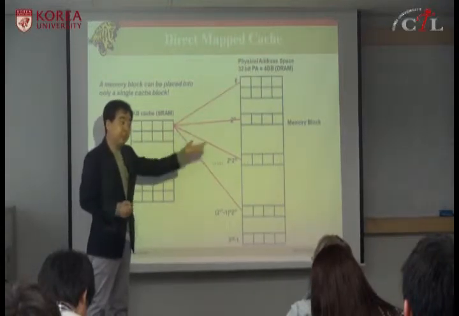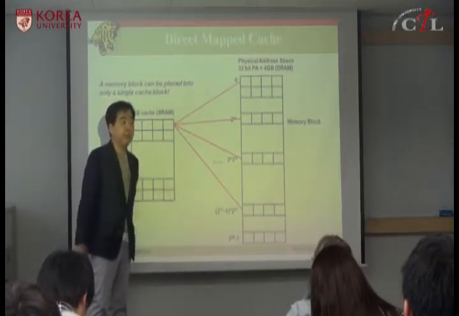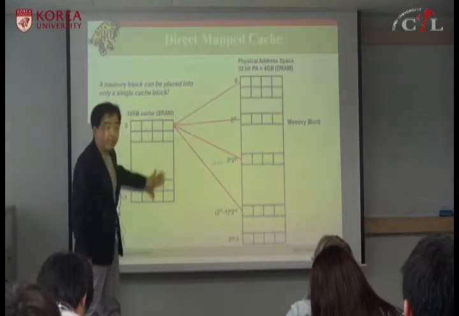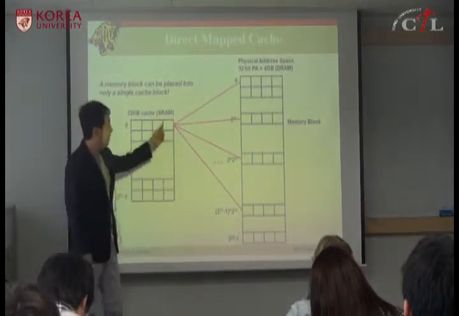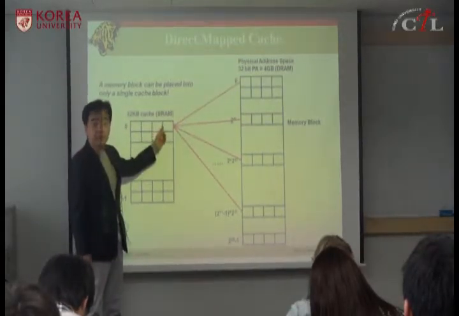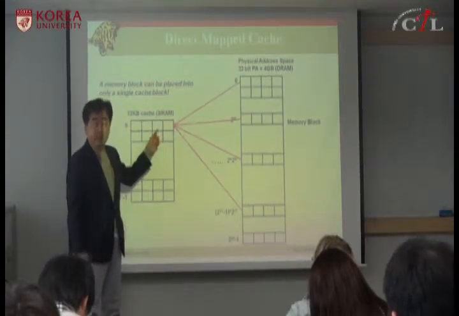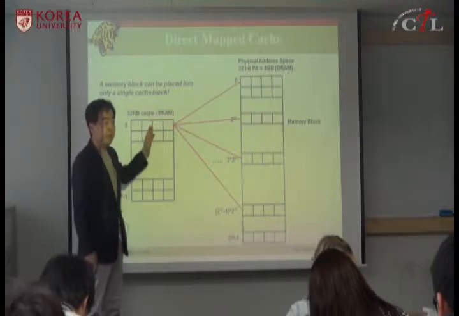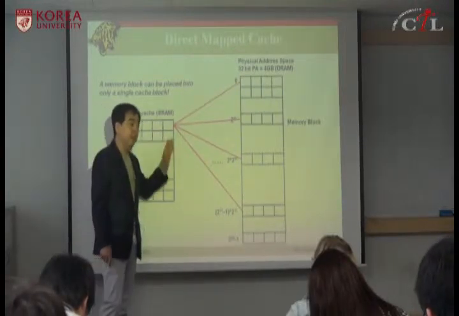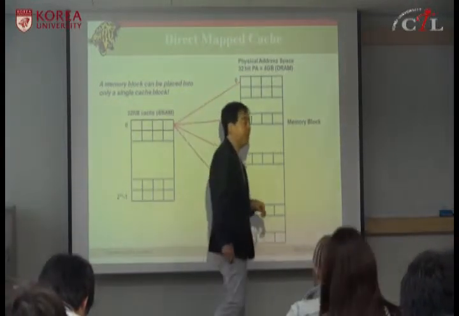It's evicting the previous one. So you have consecutive cache misses, although you can cache in other locations. And this is called conflict miss or collision miss because they collide into the same position. Okay? Because of this conflict miss, it has a lower hit rate. Okay?